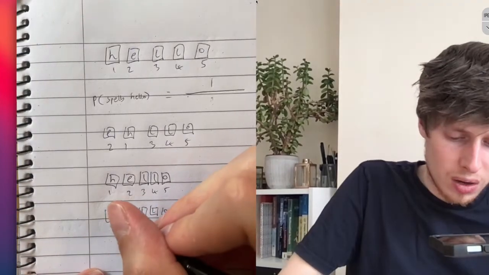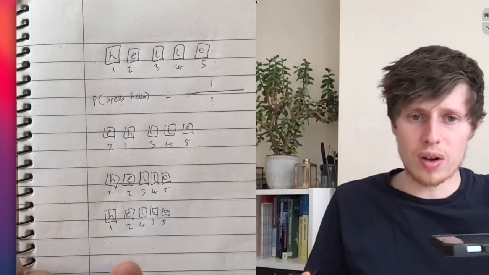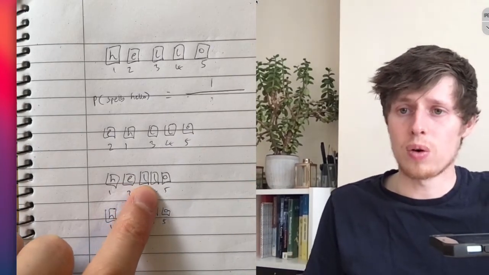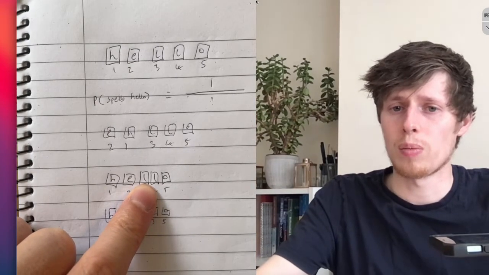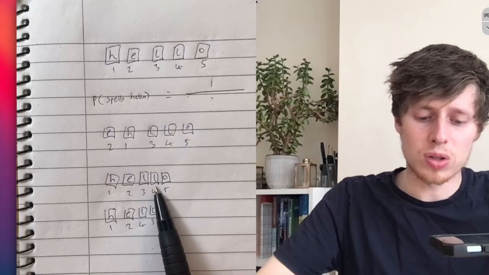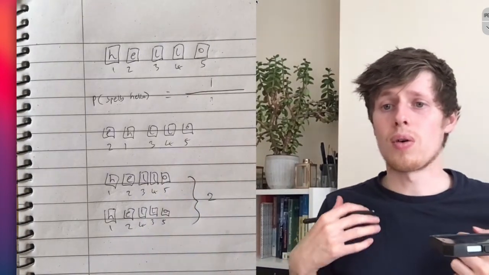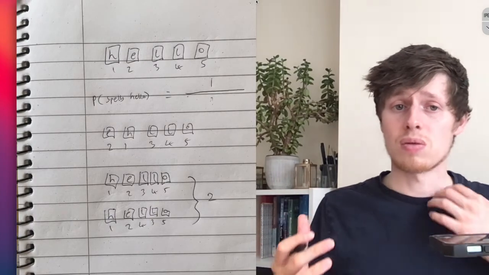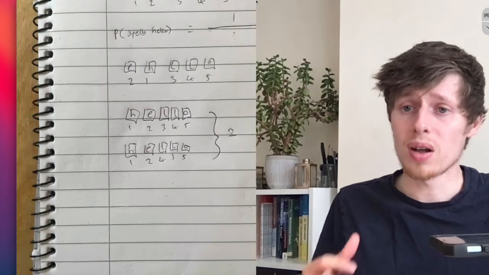So we could have done this or this. My L's are labeled 3 and 4, and I imagine writing that physically on the surface of the block. The L's could be ordered like this or this. So these are 2 different ways of writing the same word, and that's really important because we want to work out how many words there are.